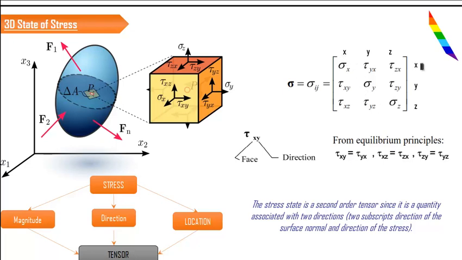So if you take the crossing of these two, that means if you draw a line from x to bottom and from here to here, the coinciding point is xx, right? So this term is represented as sigma xx. So that is also another way of representing the normal stress. There will not be two different variables, it will be single variable, sigma xx, sigma yy, and sigma zz.